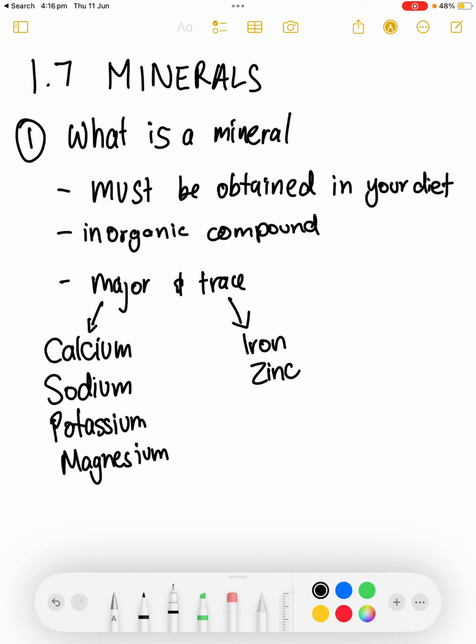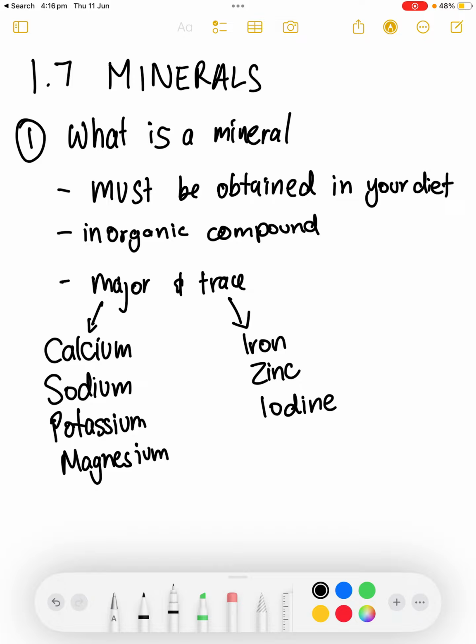So there's a whole lot of other ones there, and I'll just say iodine would be another. But these are the ones that we're really looking at in year 12. We're not really looking at nickel, fluorine, things like that so much.